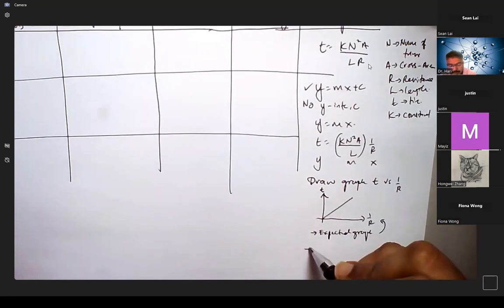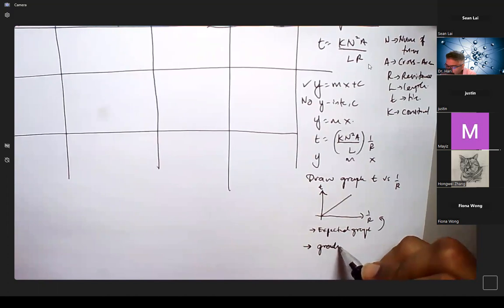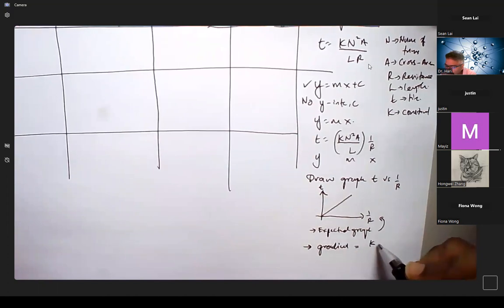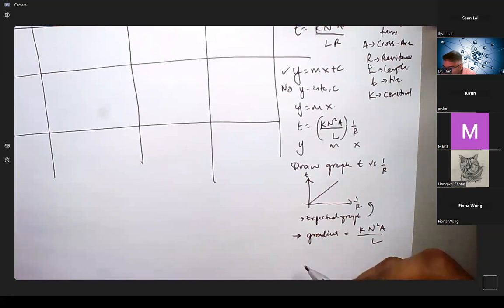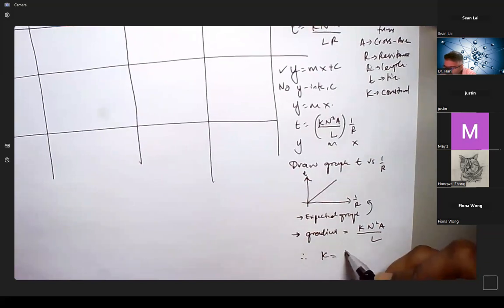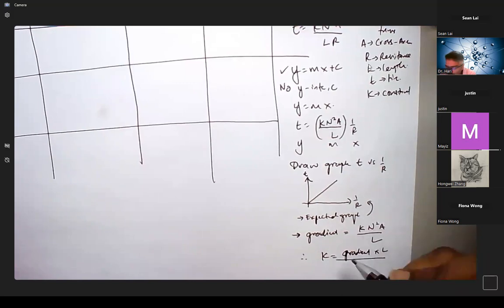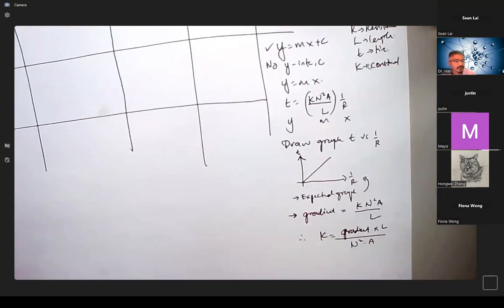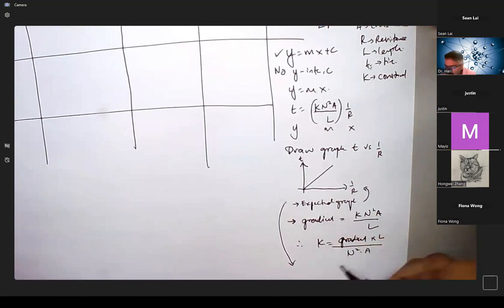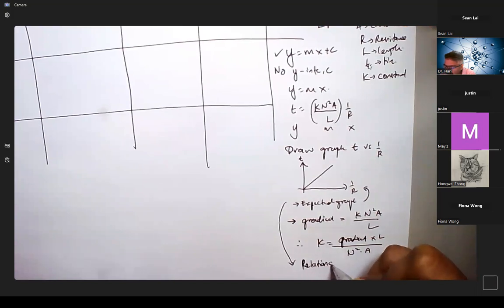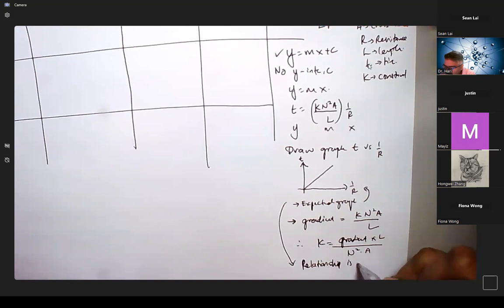Right? And I can say that the gradient is equal to K N squared A over L. And remember the question asking you to find out the value of K. Therefore, K is the gradient times L over N squared times A. And the most important is that from the graph, we can say the relationship is valid if the above graph is obtained.